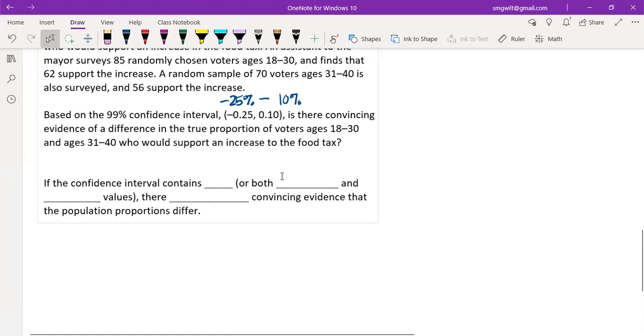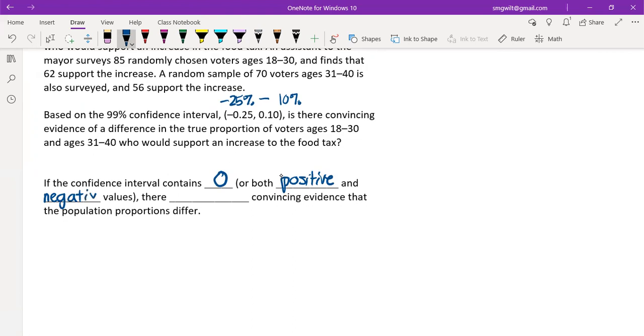If the confidence interval contains the number 0, or both positive and negative values, that's how we know that it contains zero, right? If the minimum is negative and the maximum is positive, that interval contains zero, then there is not convincing evidence that the population proportions differ.